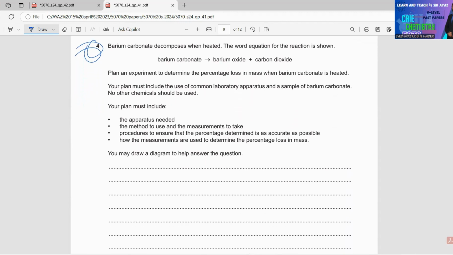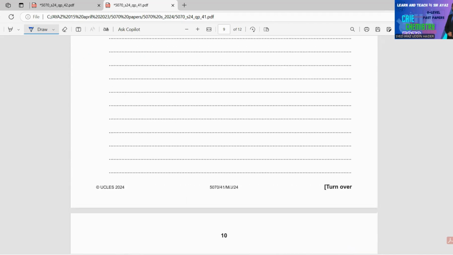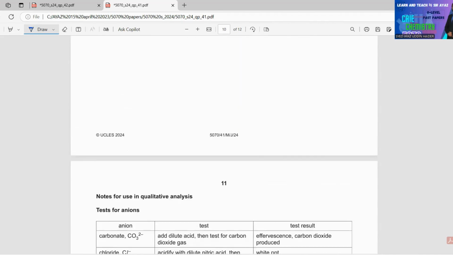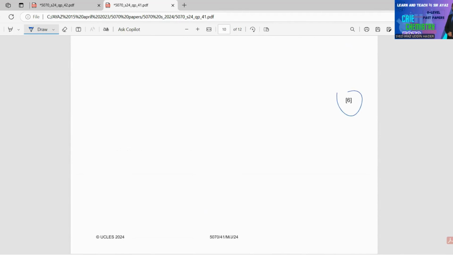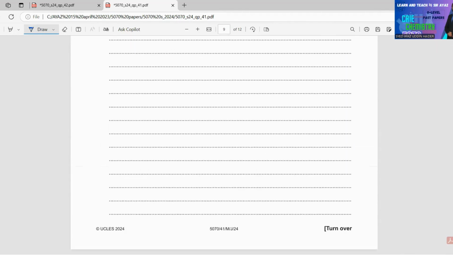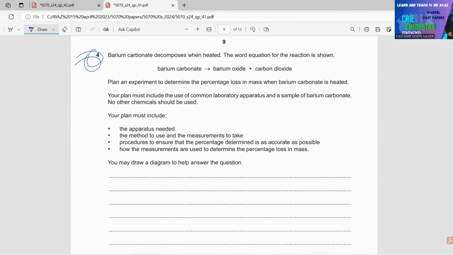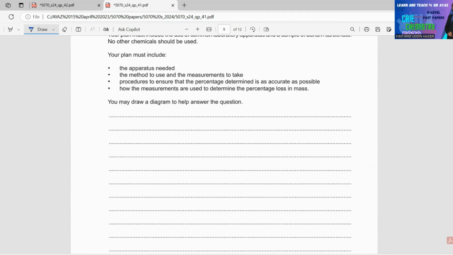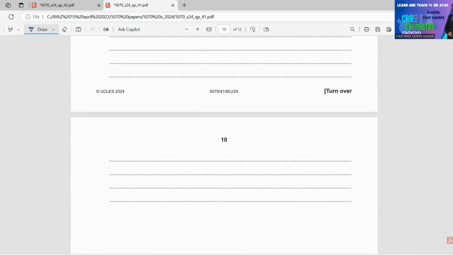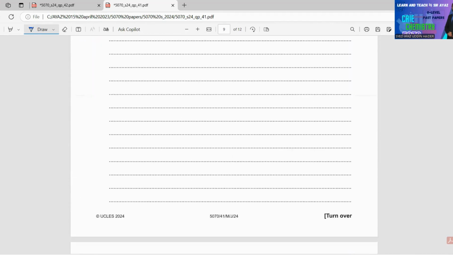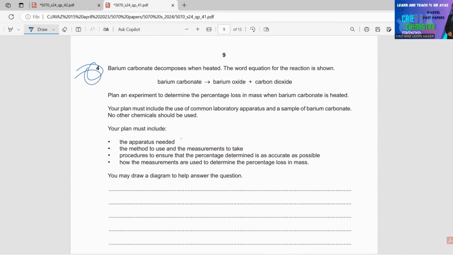You may draw a diagram to help answer the question. The total mark for this question is 6, and they gave space also for the diagram. And what diagram you can include here? You'll definitely be having heating apparatus for heating the solid. So you will get 1 mark for this, 1 mark for the heating apparatus.